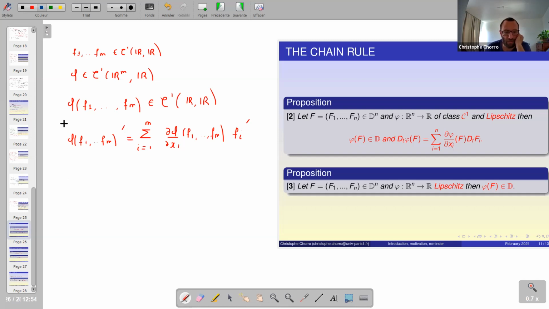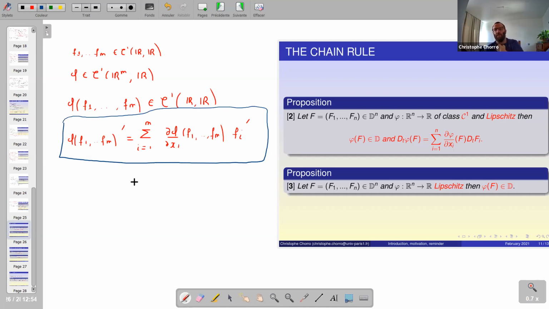So it's the classical chain rule formula that you use all the time in classical analysis with the classical notion of derivative.